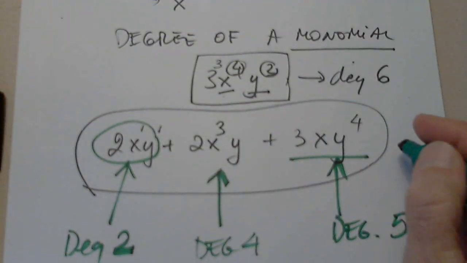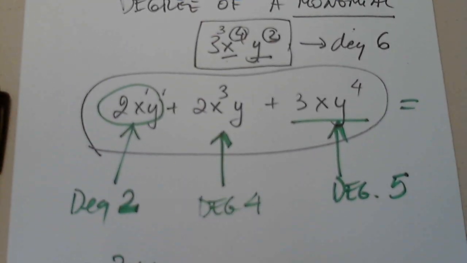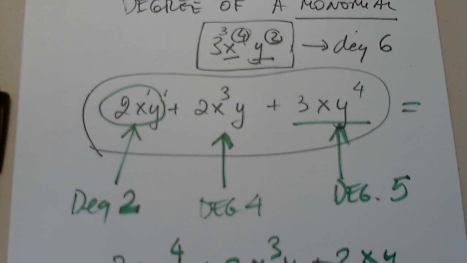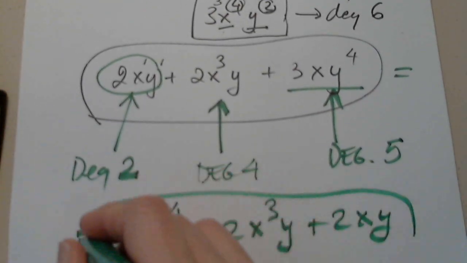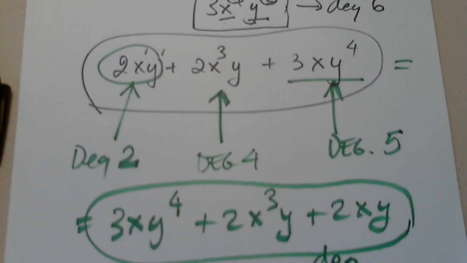You can rearrange them if you like in the correct descending order. 3xy to the fourth plus 2x cubed y plus 2xy. And now can anyone identify the degree of the whole thing? Anyone, please? Would that be 5? Exactly.